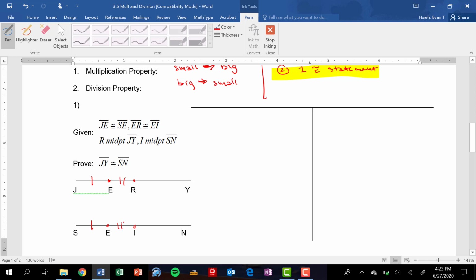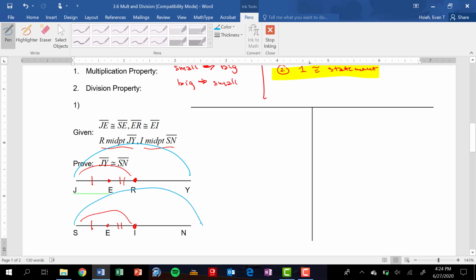So hopefully you can see that JR is congruent to SI. And I know that I have two midpoint statements. I know that R is the midpoint of this segment up above, and I is the midpoint of that segment down below. And what I'm trying to conclude is that the entire length is congruent to the entire length.